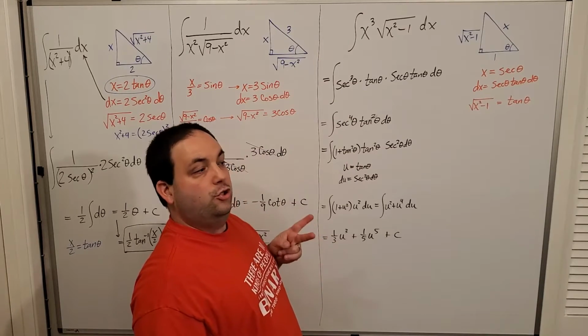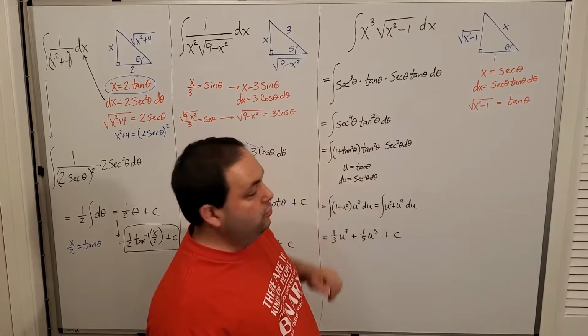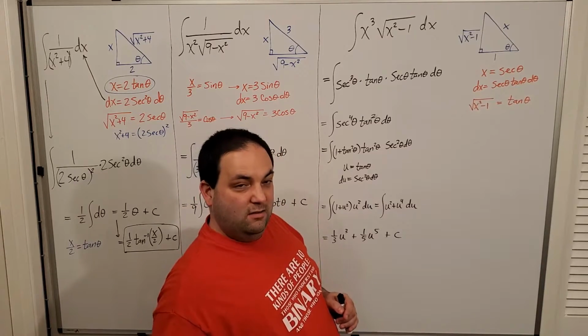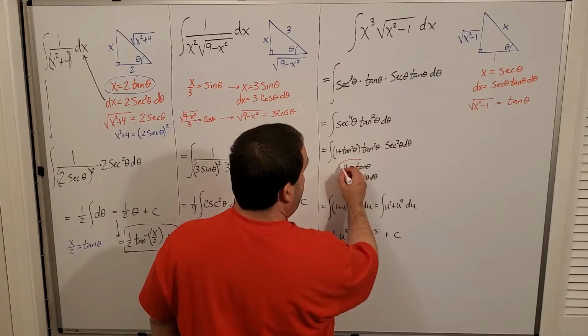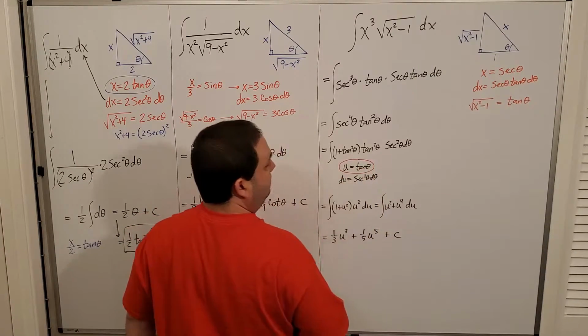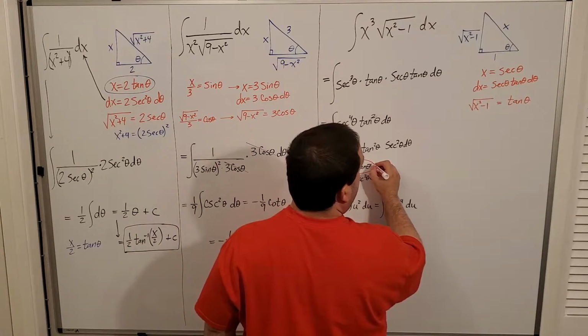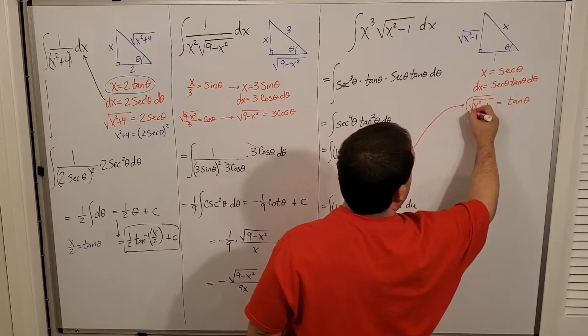We actually went through 2 substitutions. We went through the trig substitution, and then I did a normal u subs. Fortunately, we have a really direct connection here. Notice u equals tangent theta, right? And tangent theta has already been equal to something as well.